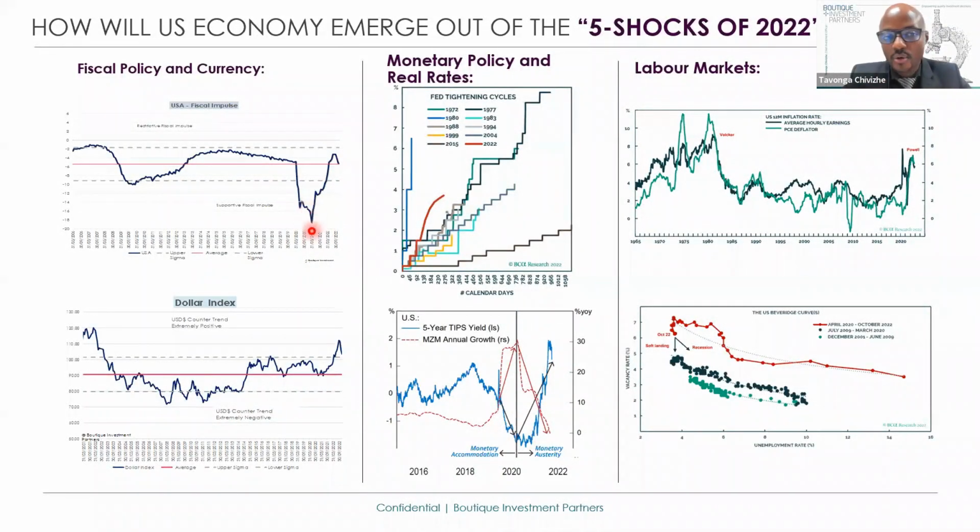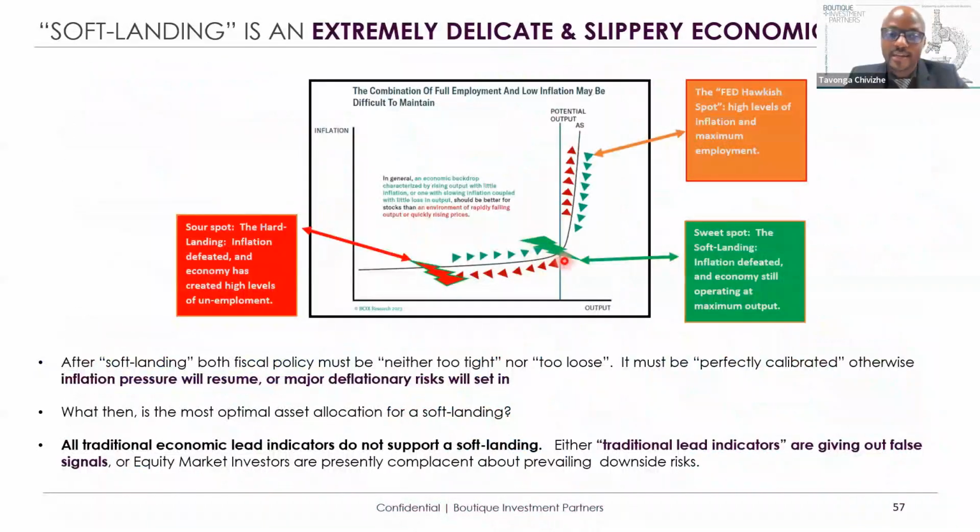When this line goes high like it does, it means there's a sudden withdrawal of fiscal policy. So essentially what happened last year is that there was this aggressive fiscal shock, with extreme support and extreme withdrawal. The economy still has to adjust to all of this, and we don't know how it's going to adjust, but to expect a sudden withdrawal of fiscal support to land softly, I don't think so.